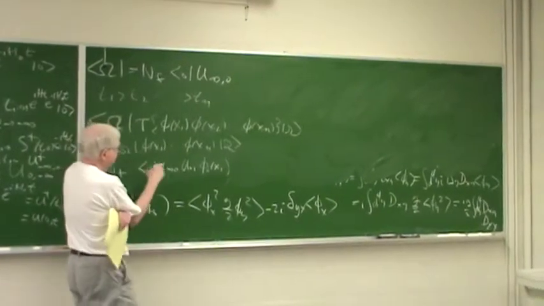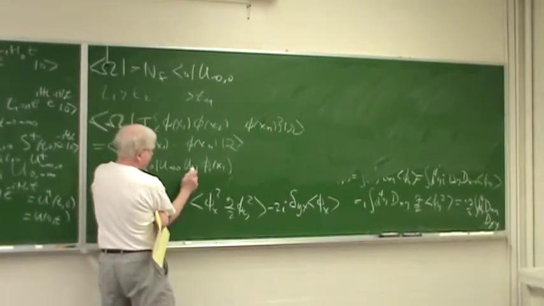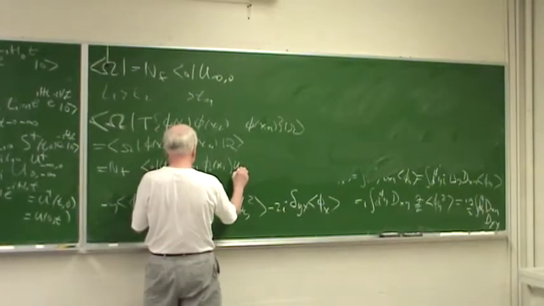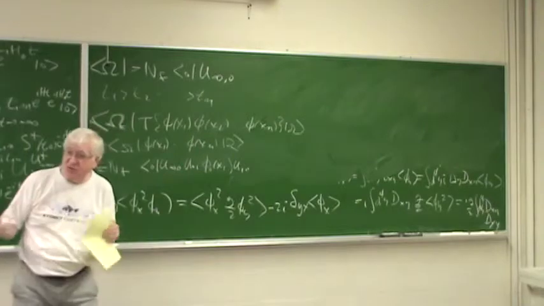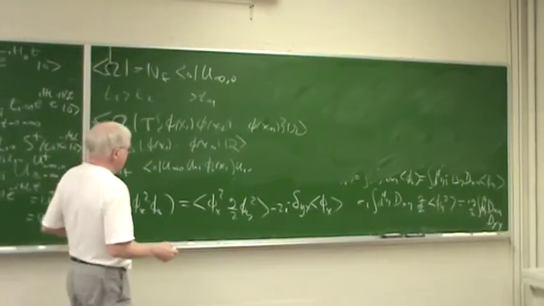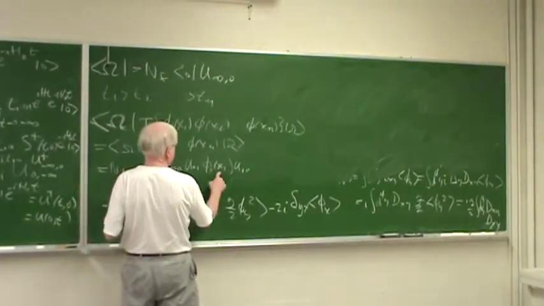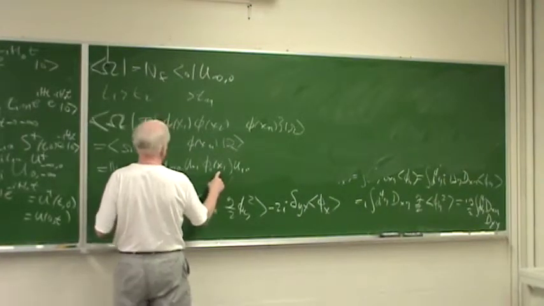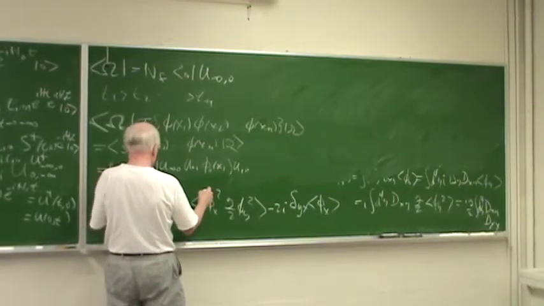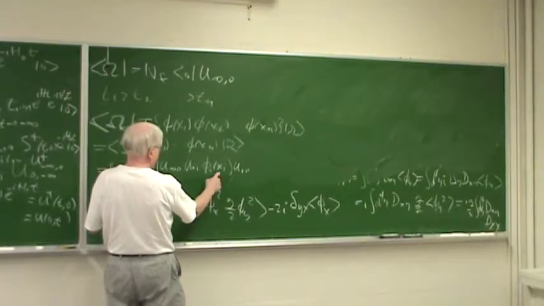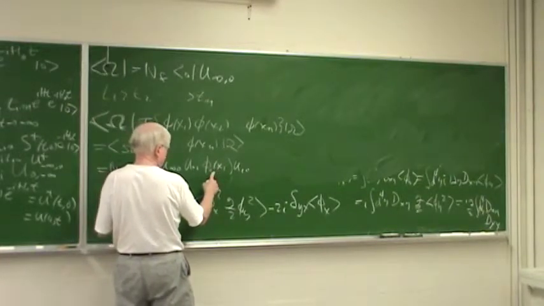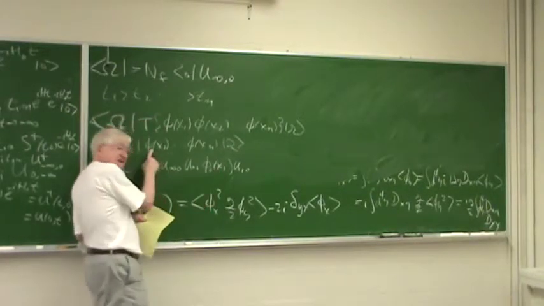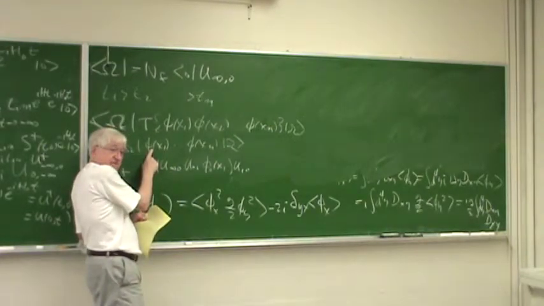So in other words, this thing takes this operator, and then we're going to have U10, because remember U10 is the adjoint of U01. So this unitary operator takes the free field at time 1 back to time 0. At time 0, it's the same as the interacting field.